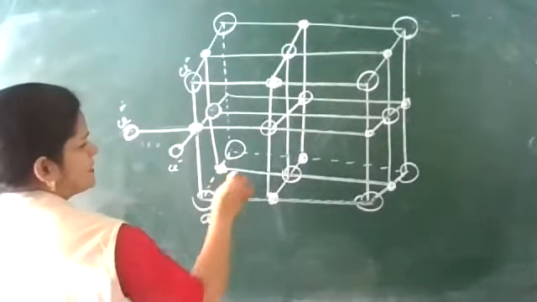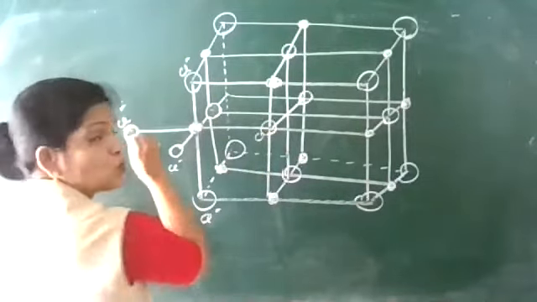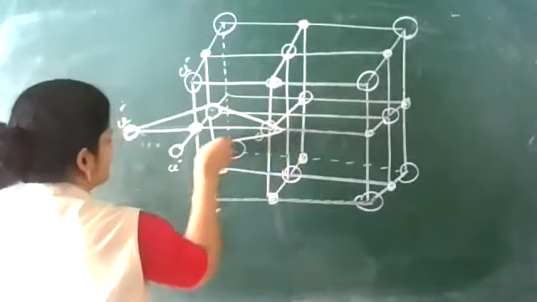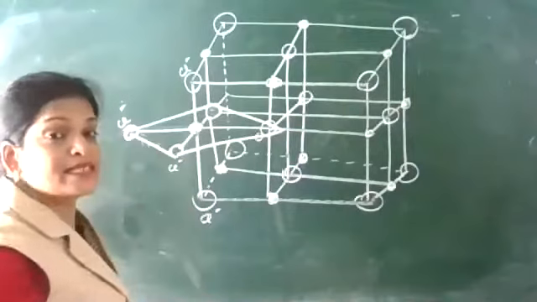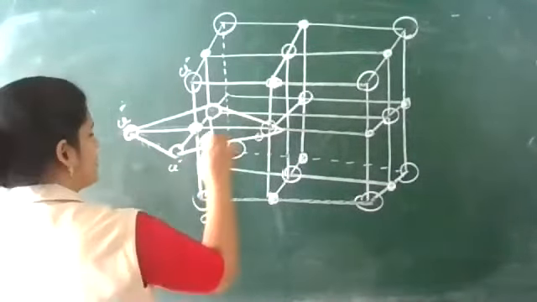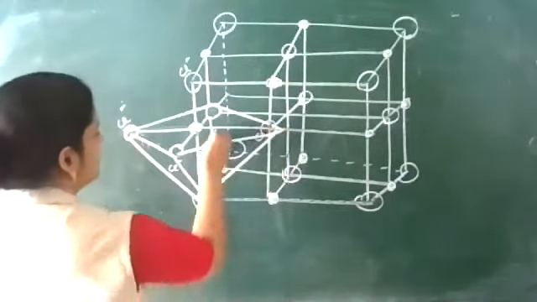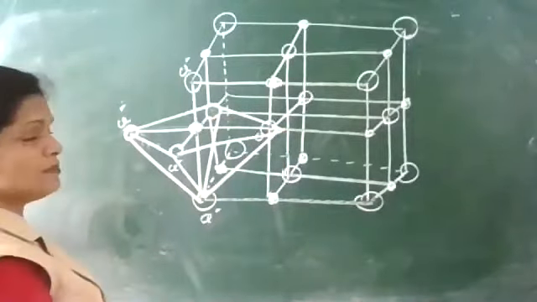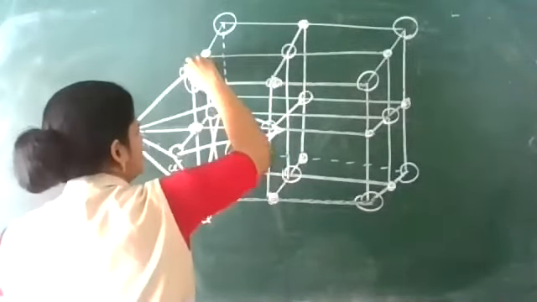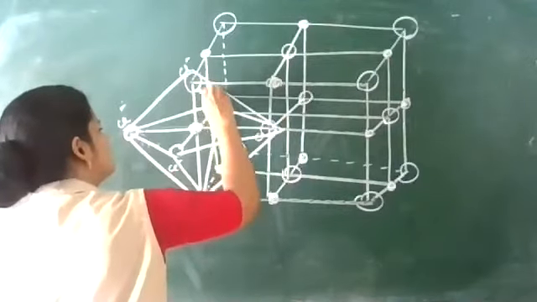Cl minus, Cl minus. So I'm going to construct a square. This is a square. To these corners, I'm going to connect this one. 1, 2, 3, 4. Similarly, to the top also. 1, 2, 3.